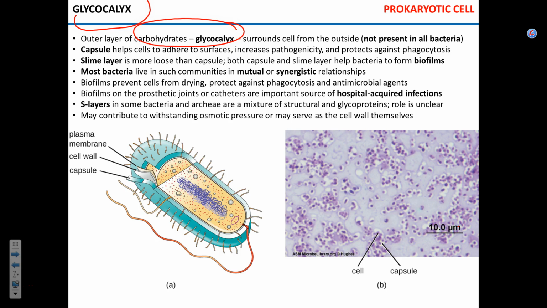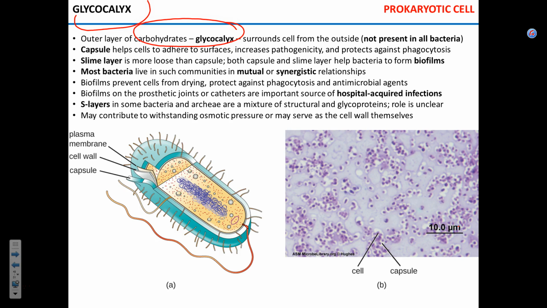If you look at some colonies that you have, some of the colonies have what we call a mucoid appearance, like covered with mucus. It's usually a sign that the microbe that forms this colony has either a capsule or a slime layer.